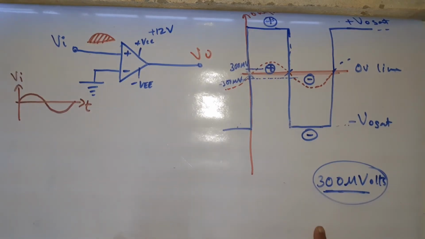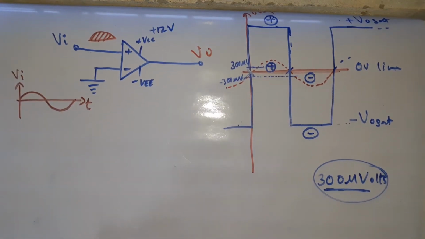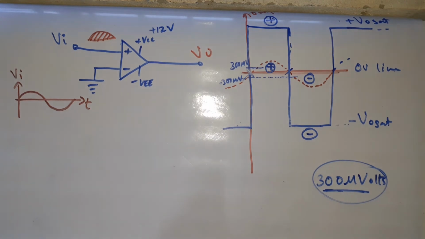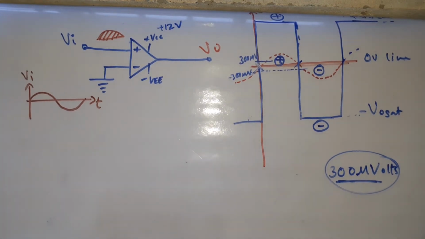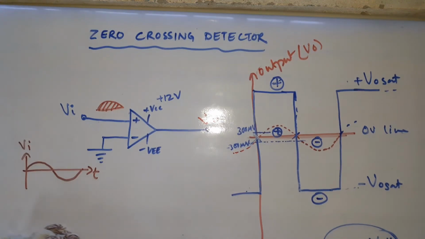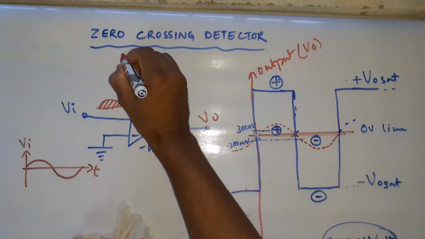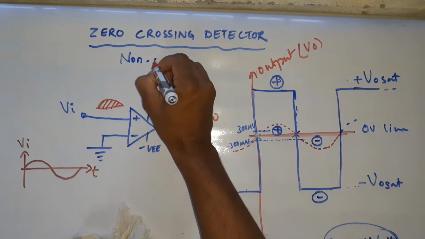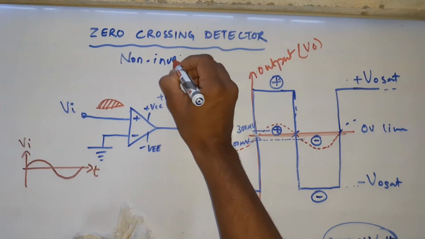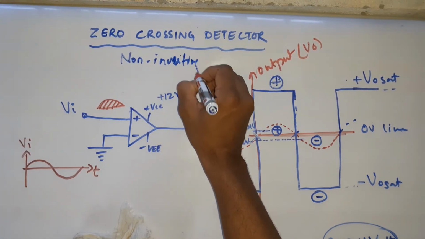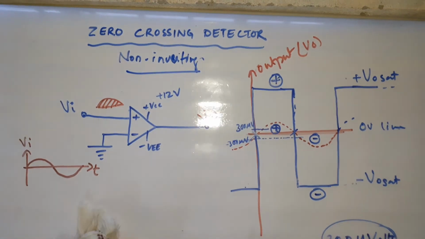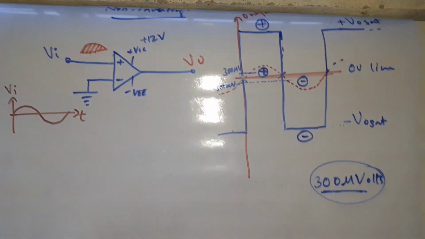After this, let us see the next circuit, inverting. So this was non-inverting, right? For your simple understanding, I started with non-inverting.